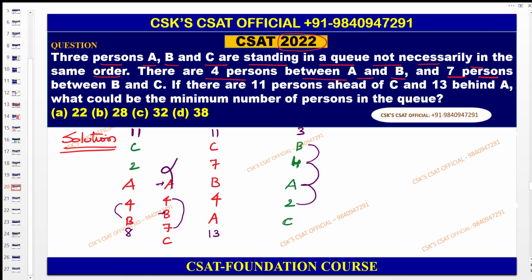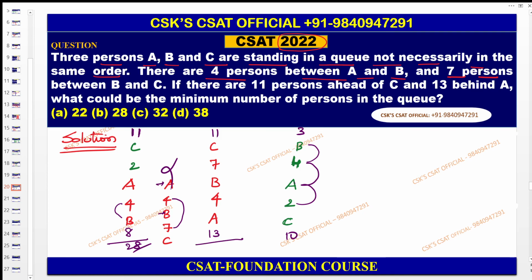Now 3 means 2 plus 1, therefore 3 people. We need 13, so another 10 here. We have done these arrangements. Now, add up this one: 8, 9, 10, 14, 14, 14, 16, 17, 17 plus 11, 28.